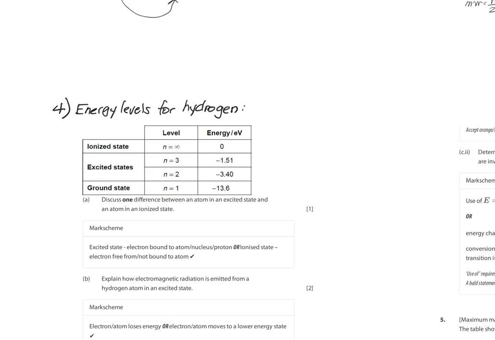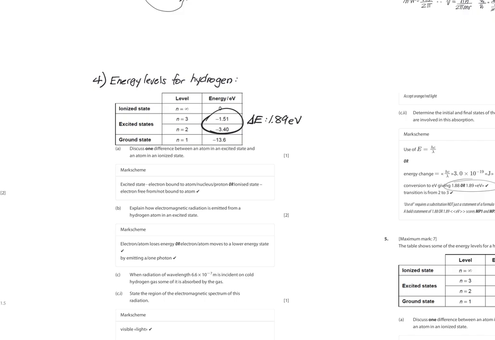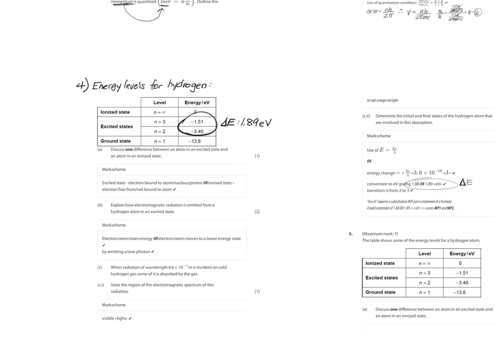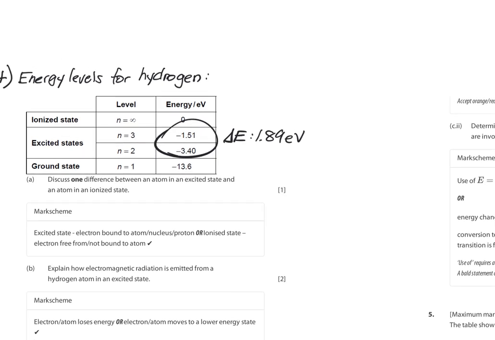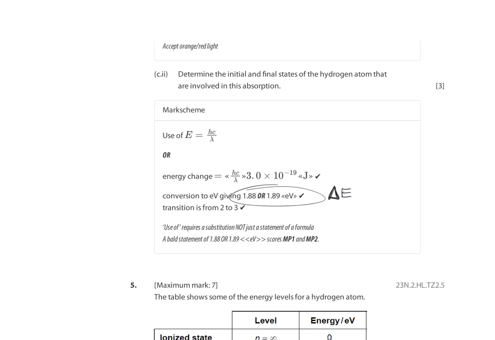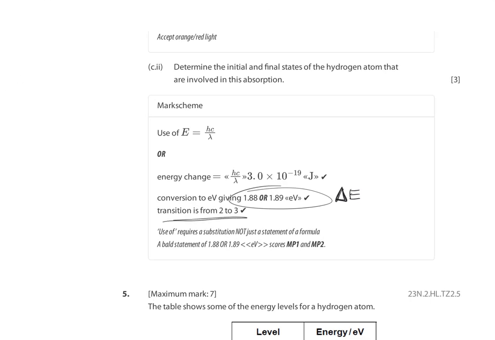You can check it out, that's 1.89 eV. And it says it absorbed the light, right? Light is absorbed by the gas, so it's going from 2 up to a higher level, from 2 to 3, if it's absorbing it. So the transition is from 2 to 3.